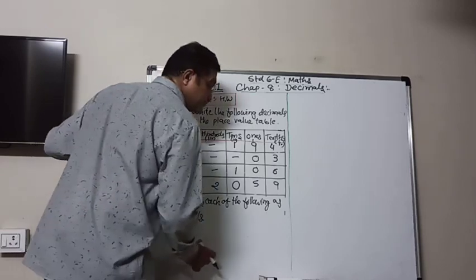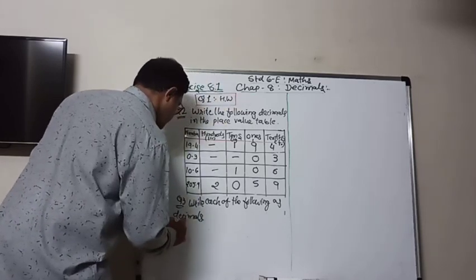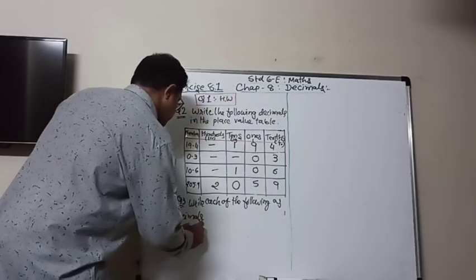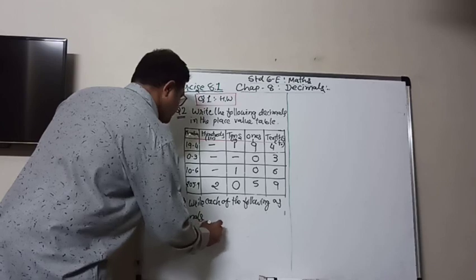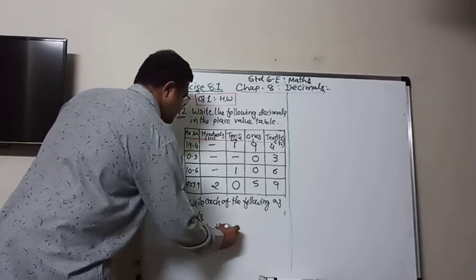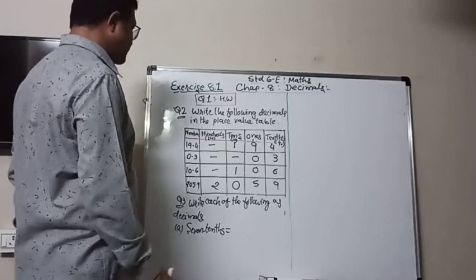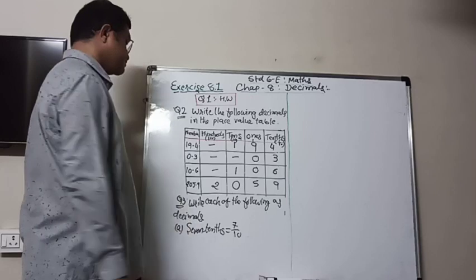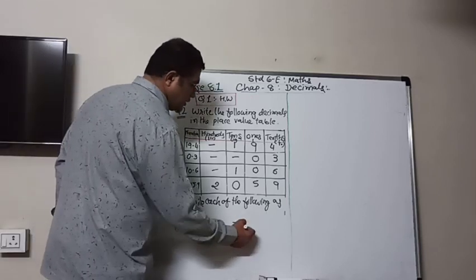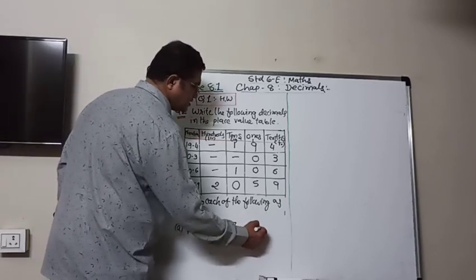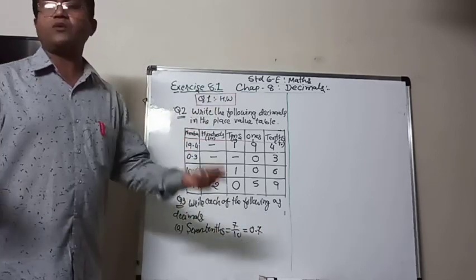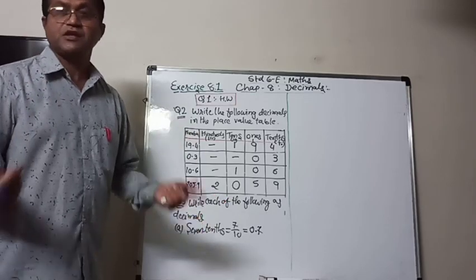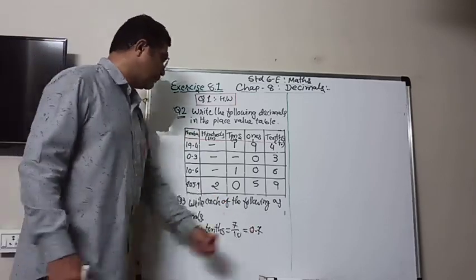In that, the first one is 7/10. Now we know that 7/10 means 7 upon 10, but we have to write it as a decimal. So the decimal will be 0.7, because there are no ones or tens or hundreds digits, only the 7/10. So we will write it as 0.7.